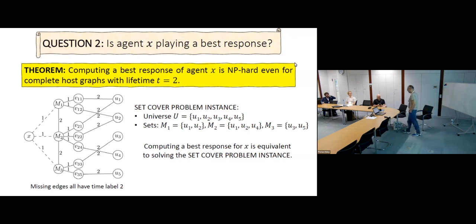We also defined a strategy profile that induces basically a set cover problem instance inside the game. Now, if we look at the player X that wants to join the network, we proved in our paper that computing a best response for X is equivalent to solving the set cover problem instance. That's basically the idea of the proof, so I'm not going to go through the details.